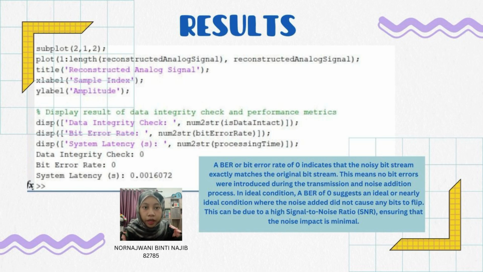This means no bit errors were introduced during the transmission and noise addition process. A BER of 0 suggests an ideal or nearly ideal condition where the noise added did not cause any bits to flip. This can be due to a high signal-to-noise ratio, SNR, ensuring that the noise impact is minimal.